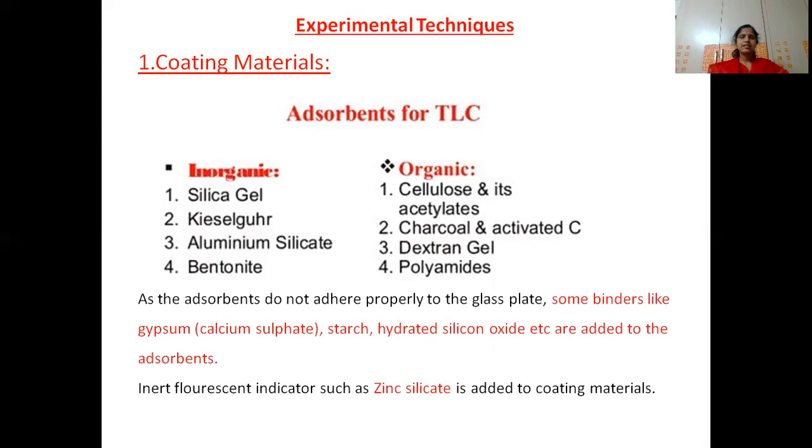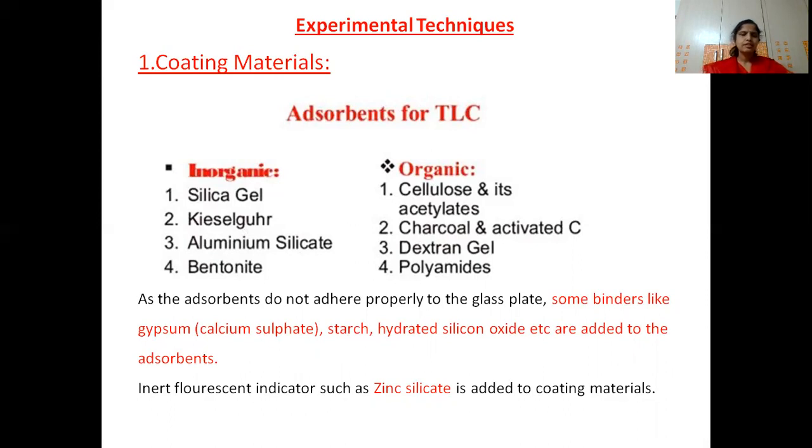The binder we generally use is gypsum, which is calcium sulfate. This is the most commonly used binder in TLC. We can also use starch, hydrated silicon oxide, etc. as binders. The main role of binders is to bind the adsorbent onto the glass plate.